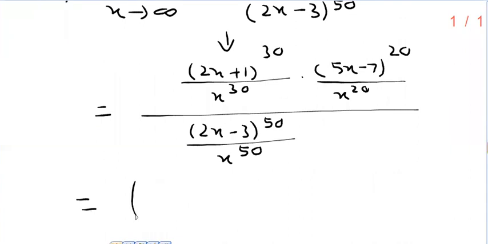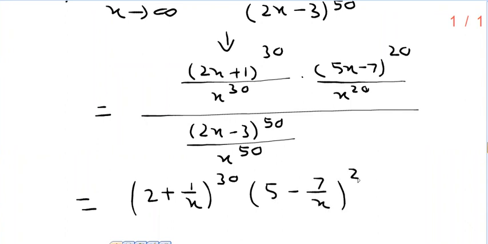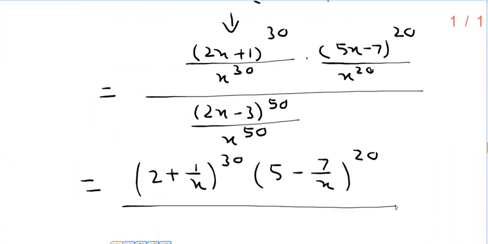So I can directly say that this is basically (2x plus 1 upon x) in bracket raised to 30. So if you split the numerator, then (2 plus 1 upon x) raised to 30, here it is (5 minus 7 upon x) raised to 20, and in the denominator it is (2 minus 3 upon x) raised to 50.